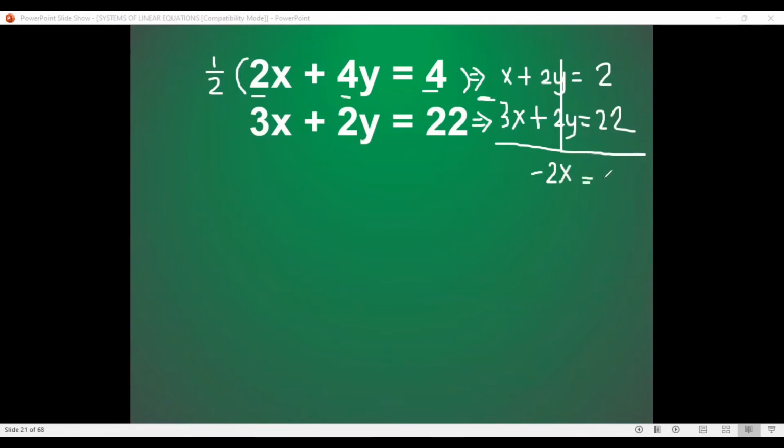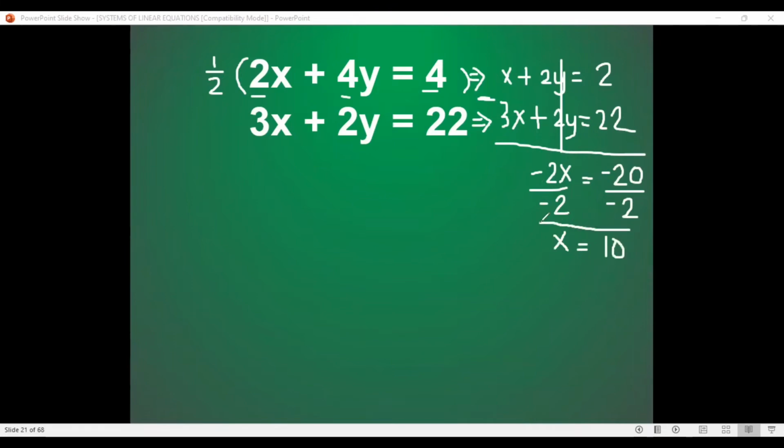The answer there is negative 20. And if you divide both sides of the equation by negative 2, we do the same thing on the right side, giving us a value for your x that is equivalent to 10.